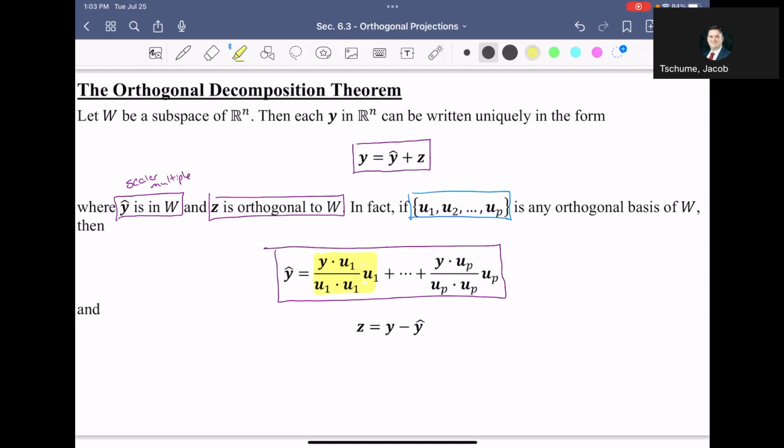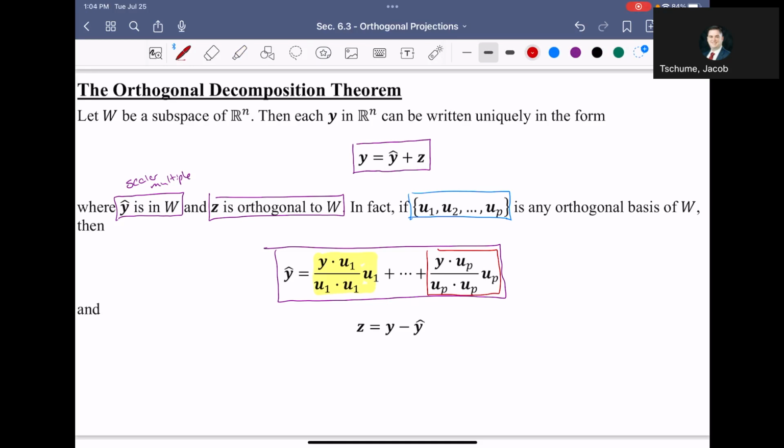If we have multiple vectors in this subspace, we will just continue this trend and add every multiple of the orthogonal projection. So if there was a u2 vector, you would do plus y dot u2 over u2 dot u2 times u2, plus, move on to the next vector. You're having to project y onto each of these vectors.